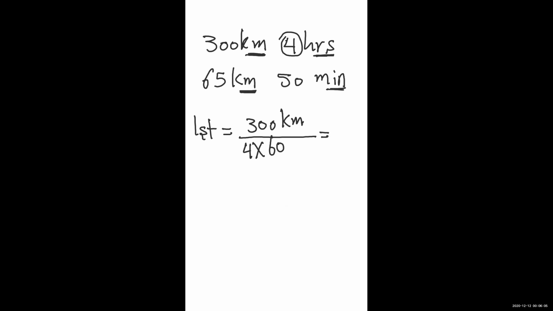So it will equal 5 over 4, which is 1.25 kilometers per minute. And the second one equals 65 kilometers over 50.